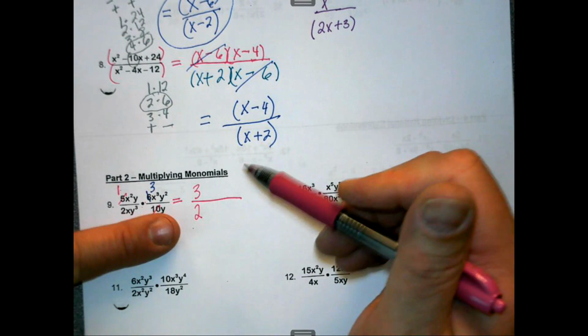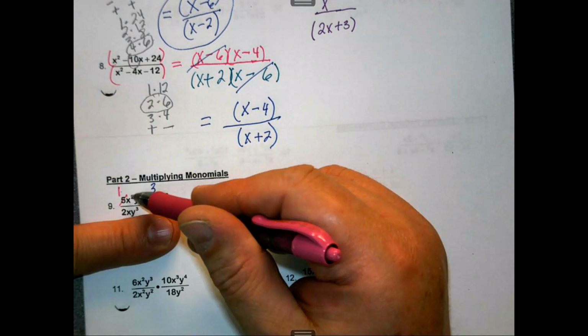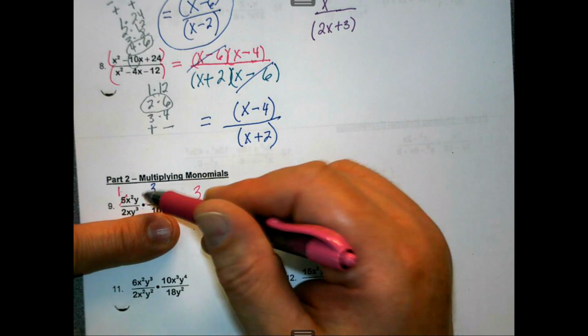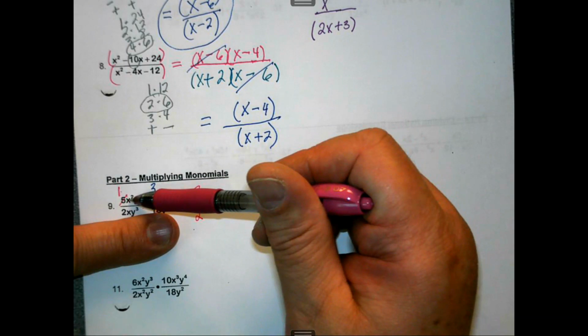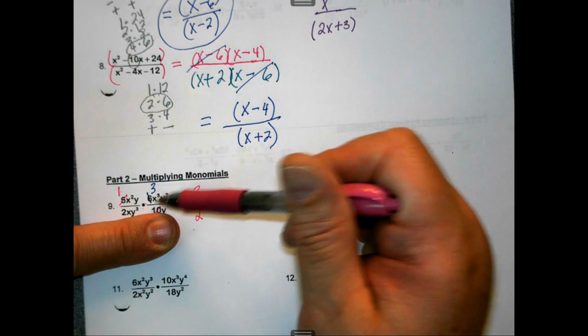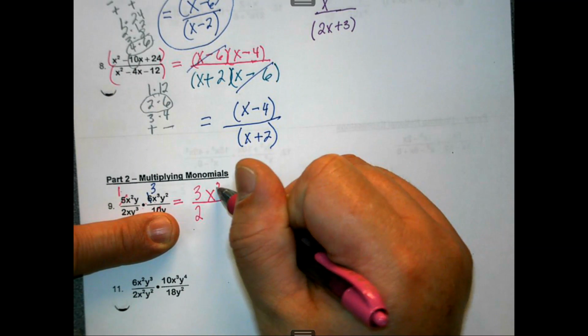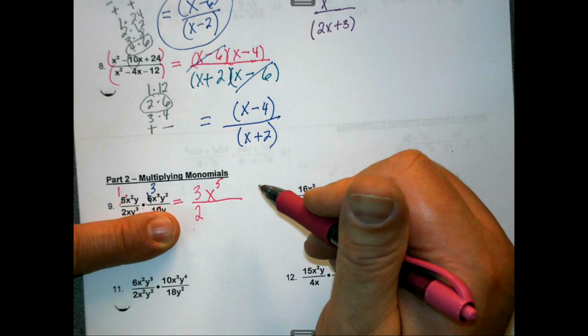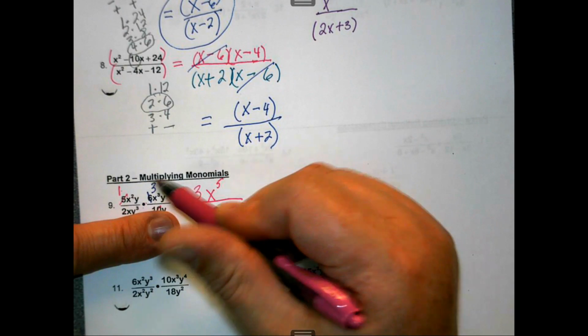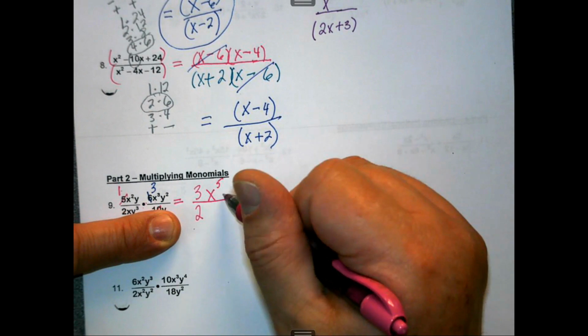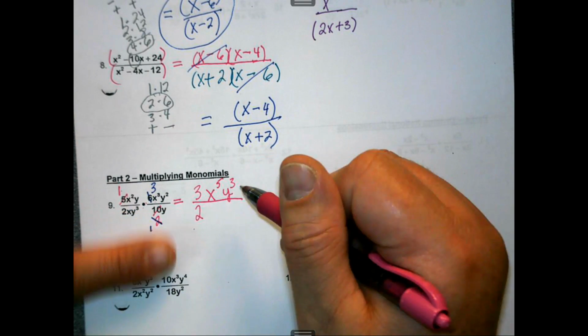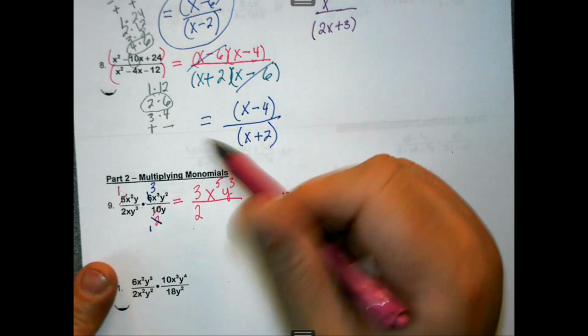Then I like to multiply my numerator out with the variables. x squared times x cubed is x to the 5th. Good. We add the exponents. y to the 1st times y squared is y cubed. And then do the same thing with the denominator.